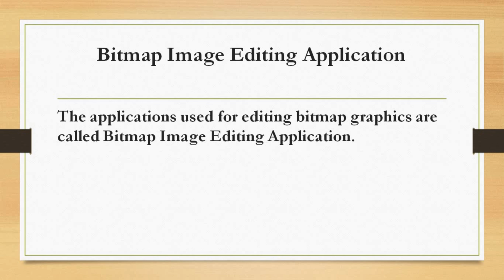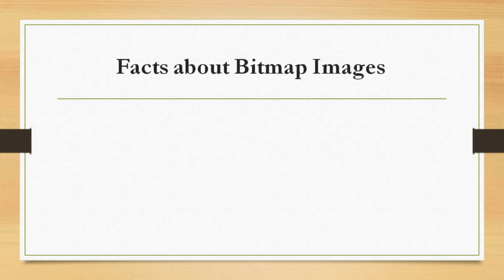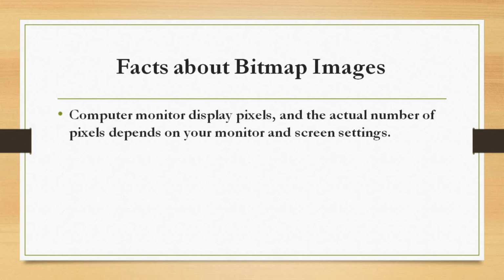Whenever you use an application for creating or editing these bitmap graphics, it is called a bitmap image editing application. Examples are Adobe Photoshop, MS Paint, Corel Photo Paint, Photoscape, Neo Paint, Capture One, Corel Painter. Got it?